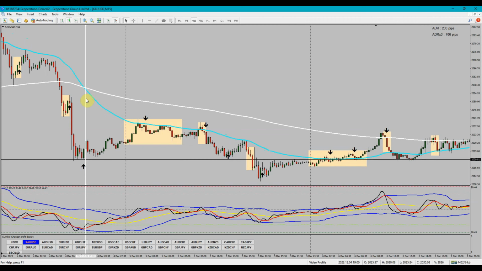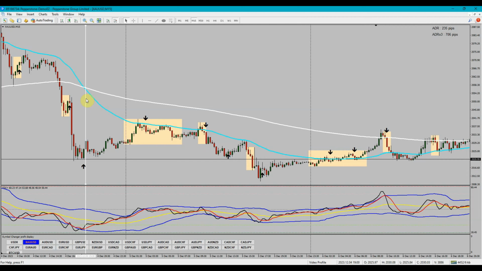Now, why do I know that this is a downtrend? Okay, the 200 period moving average, or any moving average, exponential, simple, linear, the 200 is the bigger number and the 50 is the smaller number. That is basic mathematics. Mathematics 101. 200 is bigger than 50.